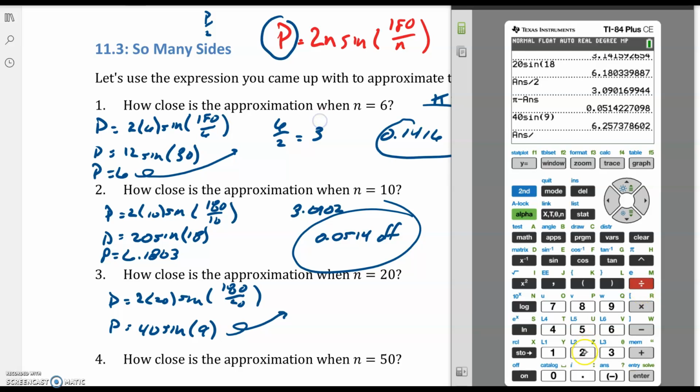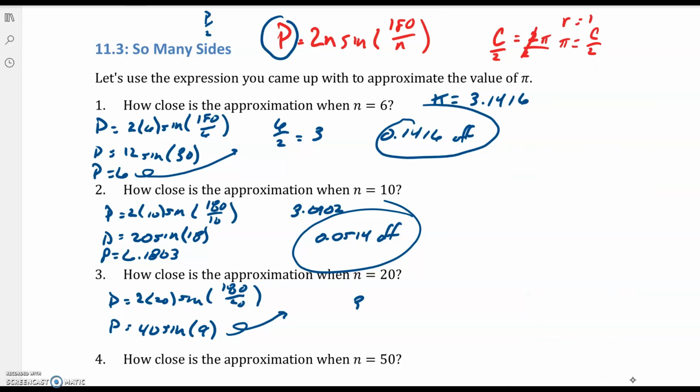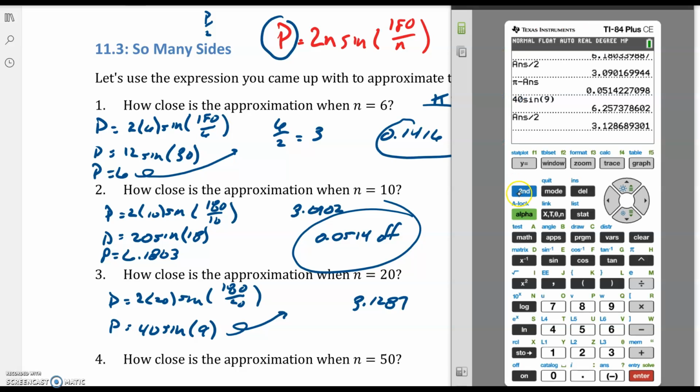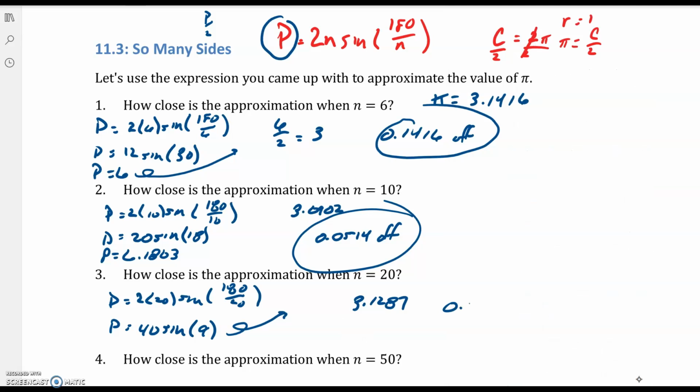Divide this by 2. And I get 3.1287. Now I want to subtract that from pi. So pi minus that last answer I had, and I get 0.0129 off. Getting even closer.